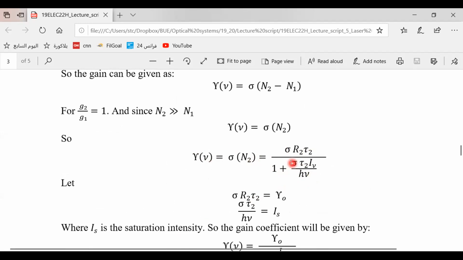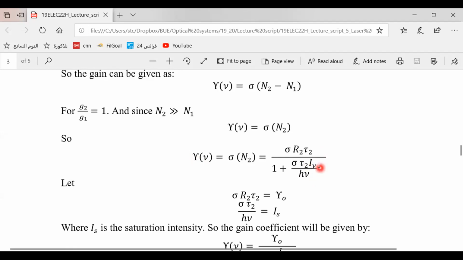Okay, again, where is the issue? This is gamma, and this is sigma. But please take care. Gamma now is not only a function of frequency, but also a function of the intensity. This I of mu is the input intensity.